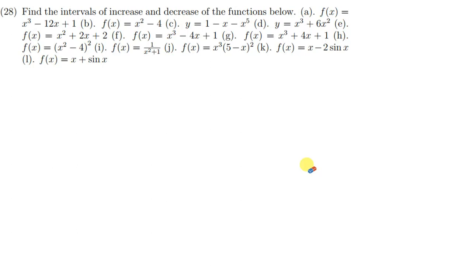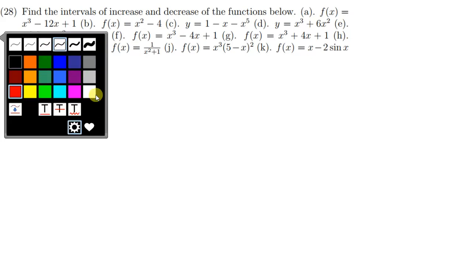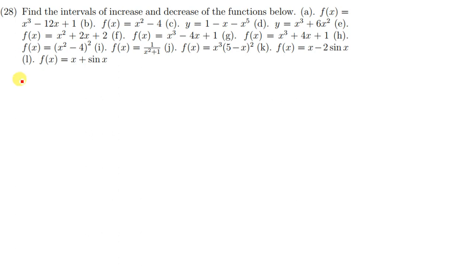In calculus, if you hear that the function is increasing at a particular point, it simply means that at that point, if for instance the function is given as y is equal to, let me say, ax, it means that dy dx at a given point is greater than 0.